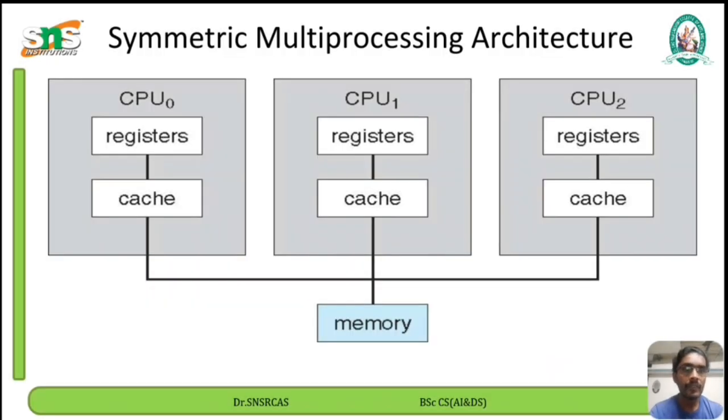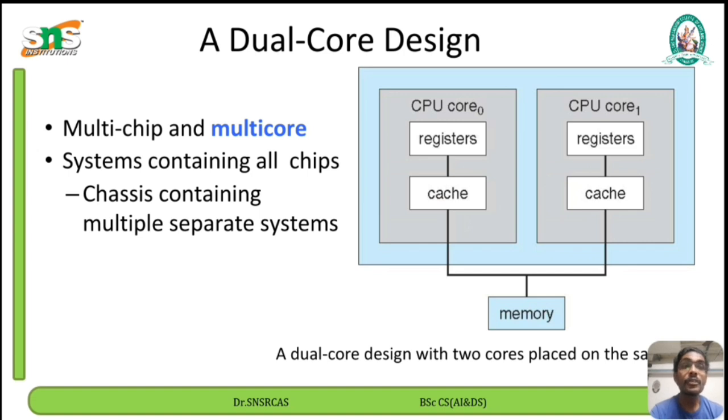And here is the dual core system, or multi-chip multi-core system. In the previous scenario, we saw different central processing units, each with register memory and cache memory, along with a common main memory.